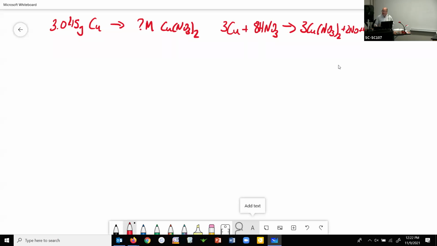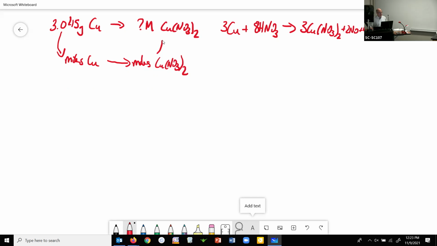All right, so I've recopied the problem in its essence here. We've got a 3 gram penny. We're going to react it with nitric acid and figure out what the concentration of copper nitrate is. So sketching this out, we have to get to moles of copper. Then we use a balanced equation to get to moles of copper nitrate.